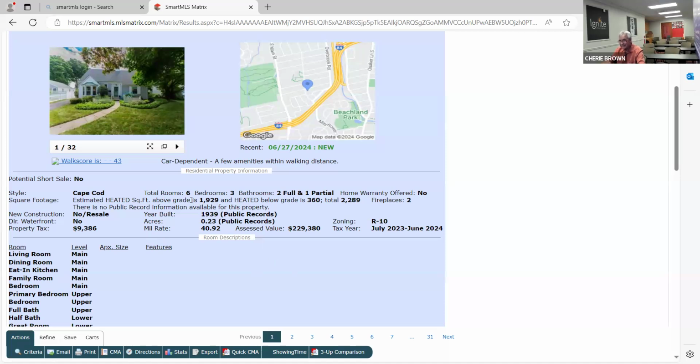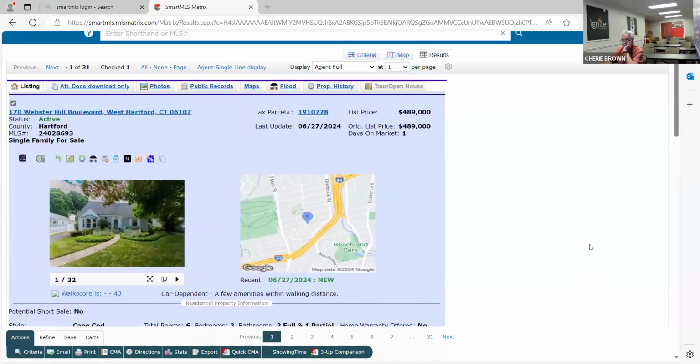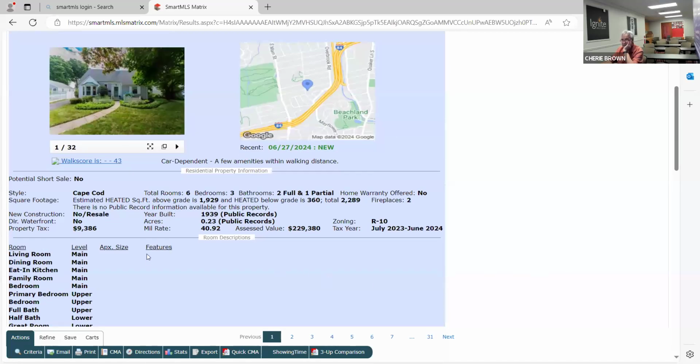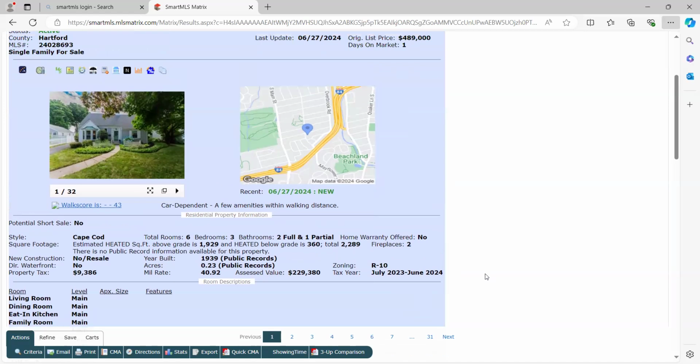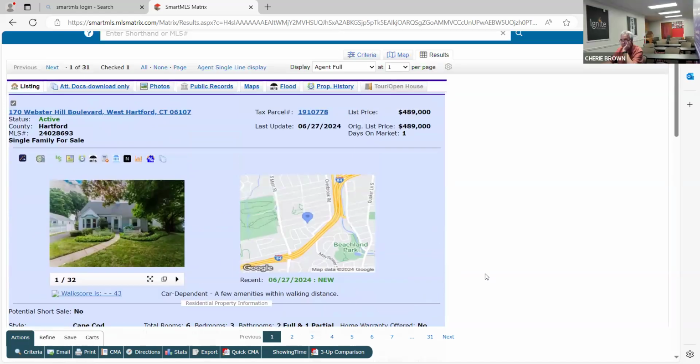But it's 6 rooms versus our subject property being 8 rooms. It's 3 bedrooms versus ours being 4. It has 2.5 full baths versus our 1.5. Slightly newer, but same vintage, 1939, and a little bit larger lot, closer to a 1/4 acre.